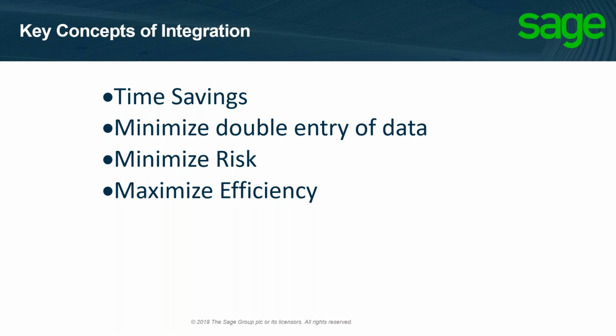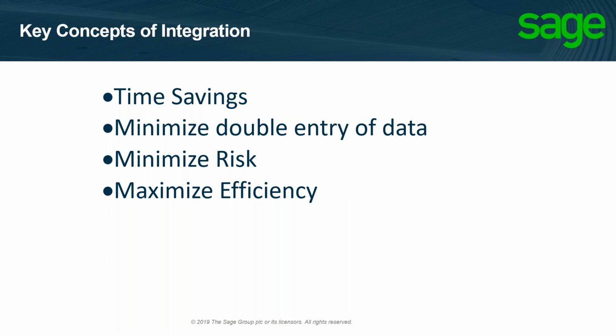So a couple concepts to think about as we go through this presentation. How much time is this going to be saving us when we utilize a system like this? The other thing that we look at when we double enter detail data, what happens to that? Well, we sometimes risk entering the information incorrectly.